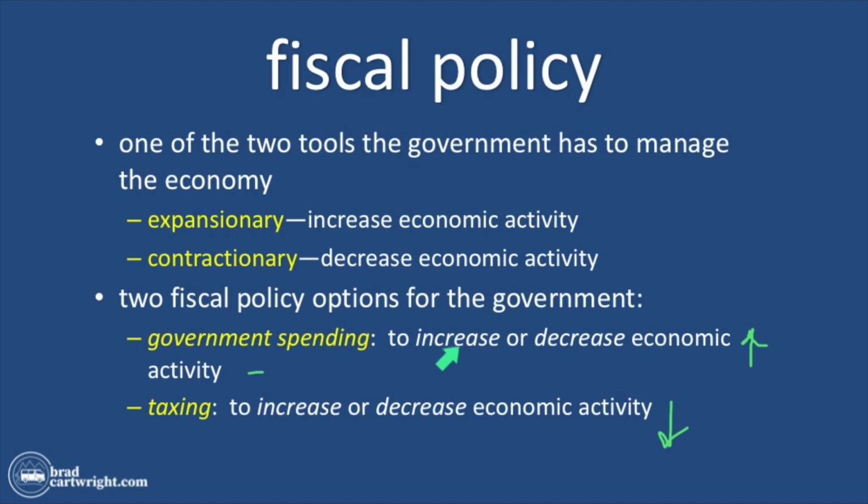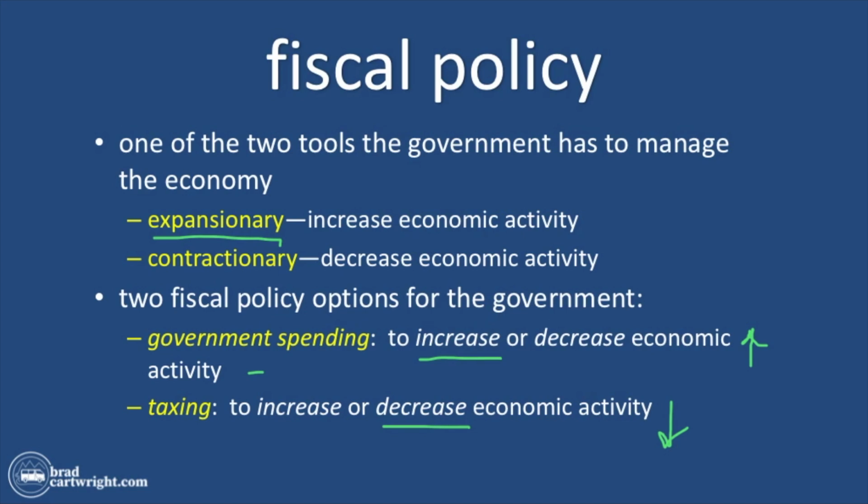That means the government is buying more things or spending more on social programs. And if you want people to spend more, well, then decrease their taxes, okay? So that's pretty straightforward. That's expansionary fiscal policy, which has to do with increasing government spending or decreasing taxes.